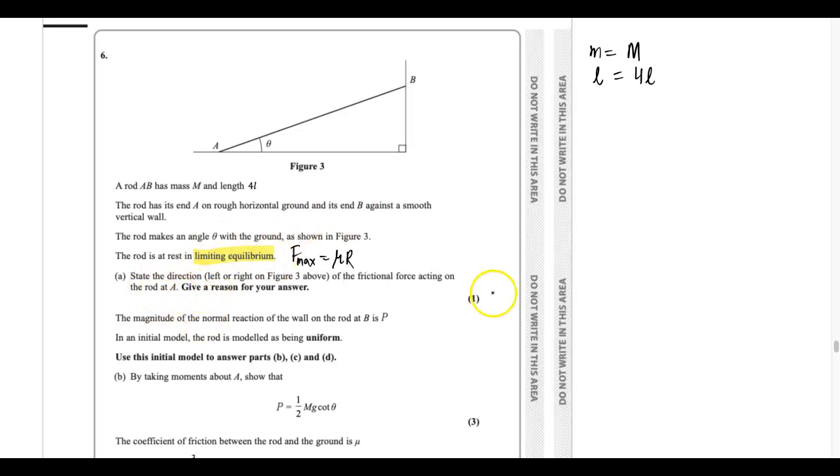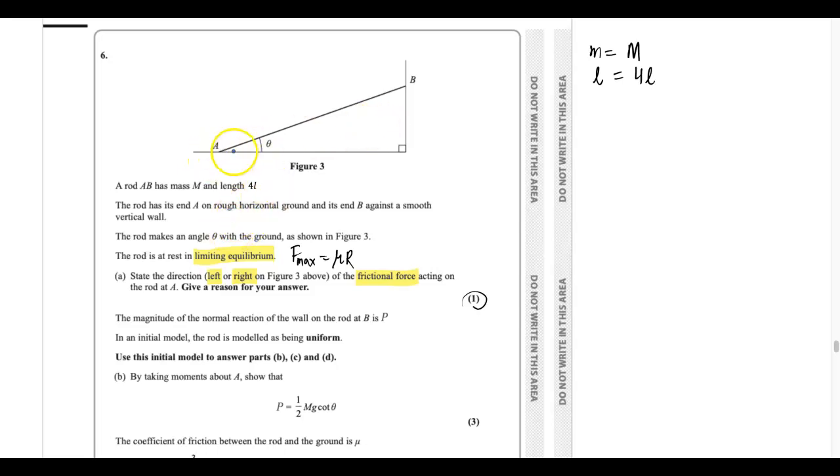State the direction, left or right, on the figure above, of the frictional force acting on the rod at A. This is for 1 mark, so obviously it's very easy.